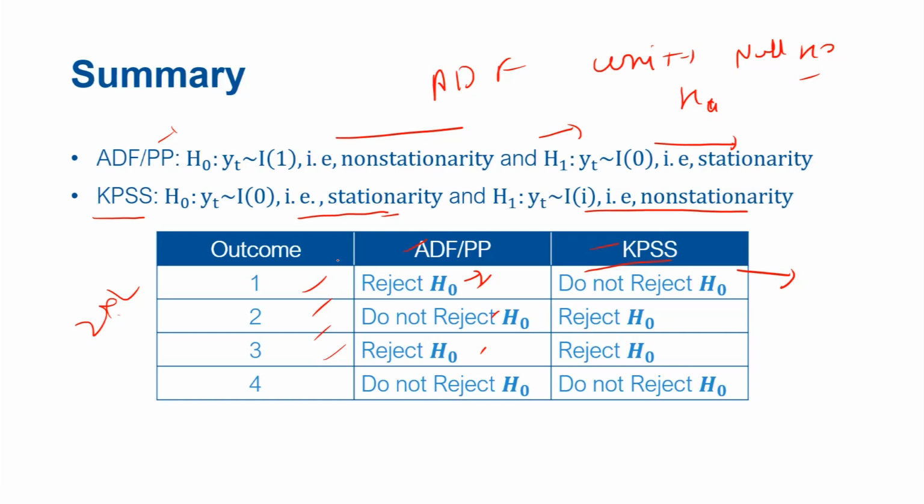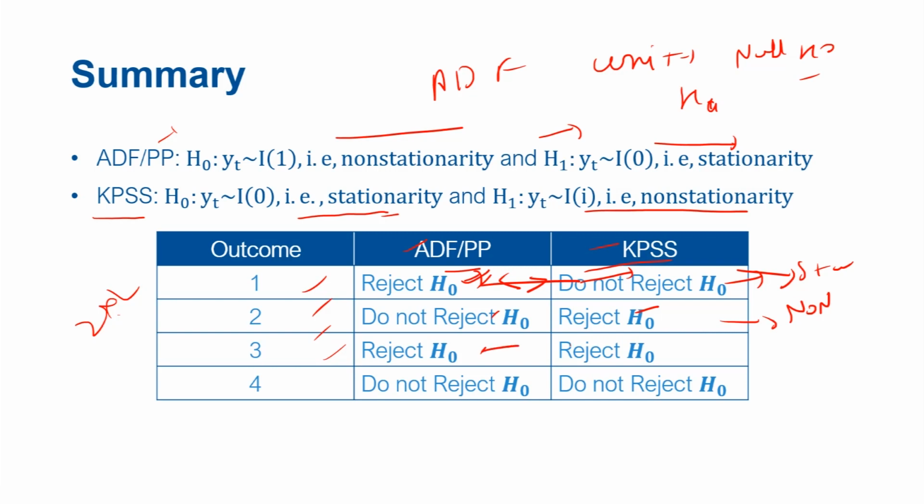The approach here is called confirmatory analysis, where you look for evidence which is consistent with each other. For example, rejection of H0 in ADF-PP and not rejection of H0 in KPSS, both these outcomes are consistent with each other. Similarly, do not reject H0 for ADF-PP and reject H0 for KPSS are consistent with each other, because they both tell you the same thing, to take process as non-stationary, while the upper one will take process as stationary.